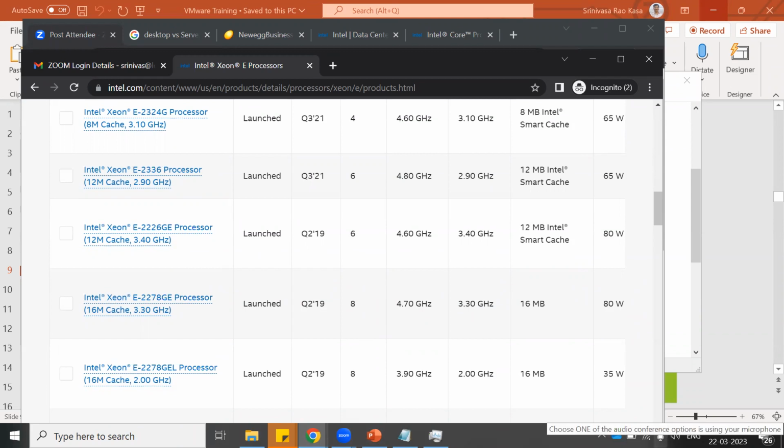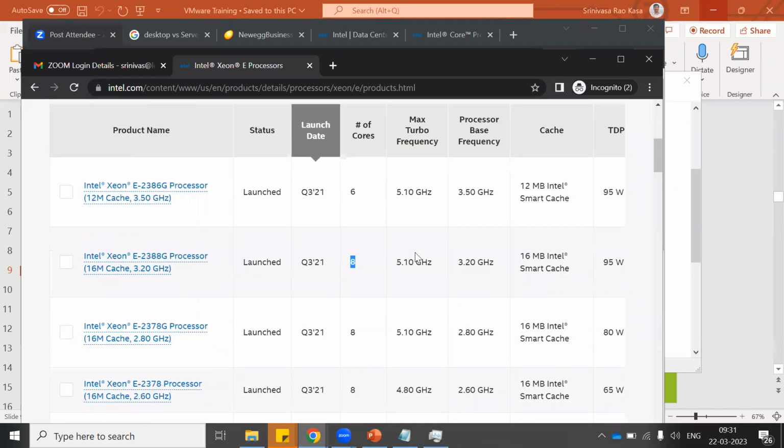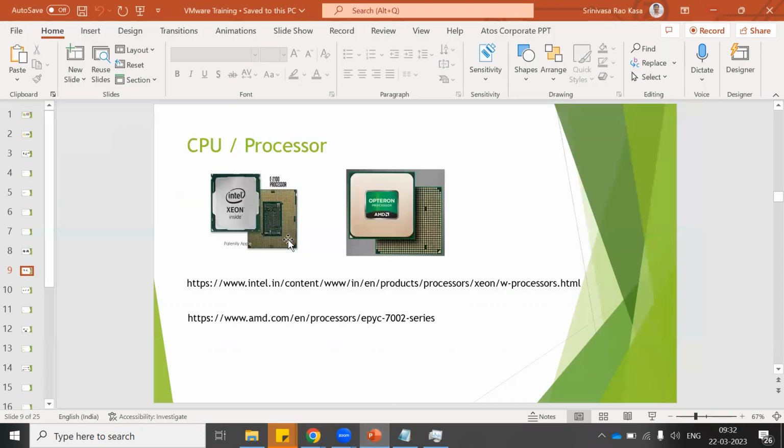What is the speed there, 4.60 GHz? 4.0. Okay, okay. See here.